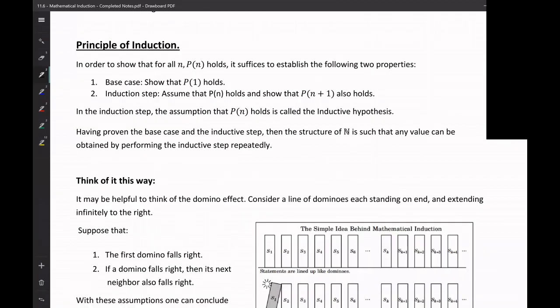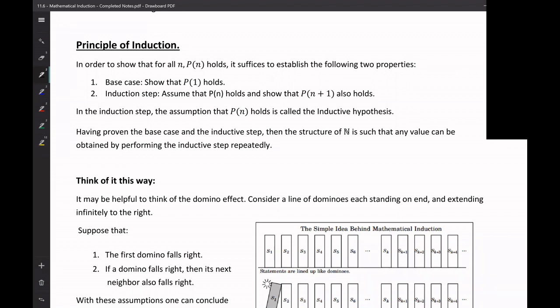In order to show that for all n, P of n holds, it suffices to establish the following two properties. You show the base case, show that P of 1 is true. So plug in 1 for n, show that it's true. Then you do the induction step, where you assume that P of n is true and show that if P of n is true, then P of n plus 1 is also true.